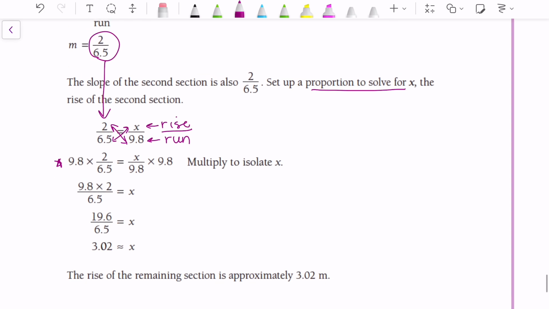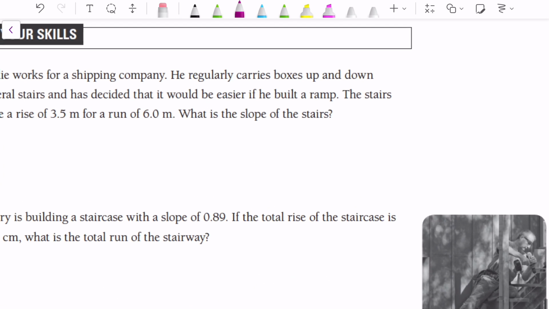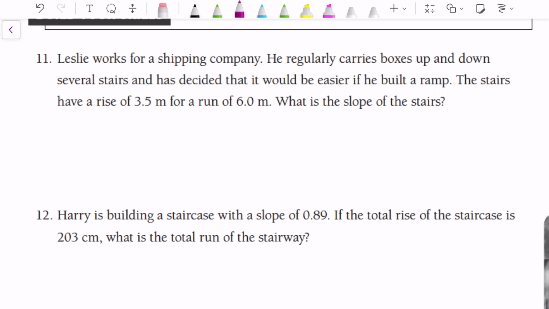All right, so we have these things canceling out here. We're going to end up with 9.8 times 2 divided by 6.5, which gives us 3.02 for the remaining section rise.